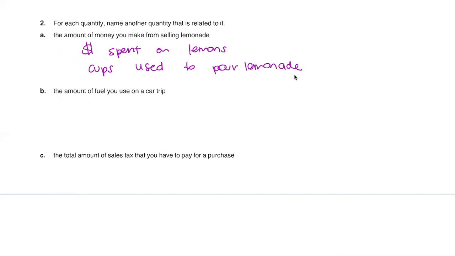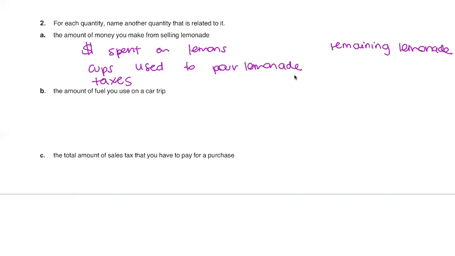Or if you open up a lemonade shop, the amount of taxes you have to pay, right? Those would increase. What else would happen? As the amount of money you make selling lemonade increases, the amount of remaining lemonade would decrease, right? The lemonade amount would decrease as you make more money because you're selling it all. There's a couple of different ways you could think about that relationship.